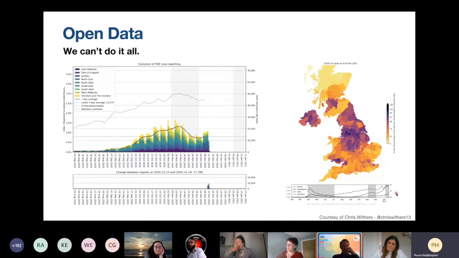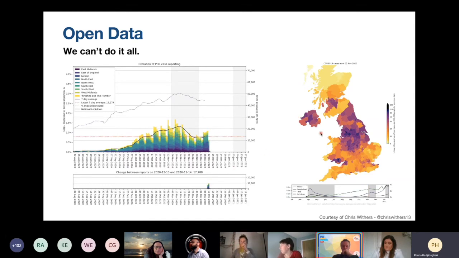And as I said, we can't possibly do it all. An example of that you could see here is that people come over to the website, download our data, and create their own services and visualizations. And then those are quite interesting.